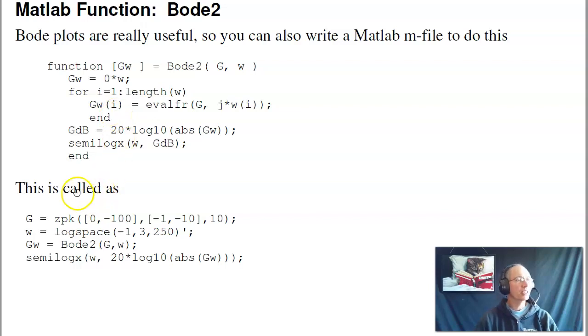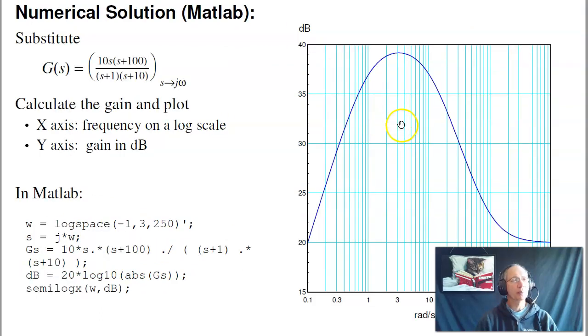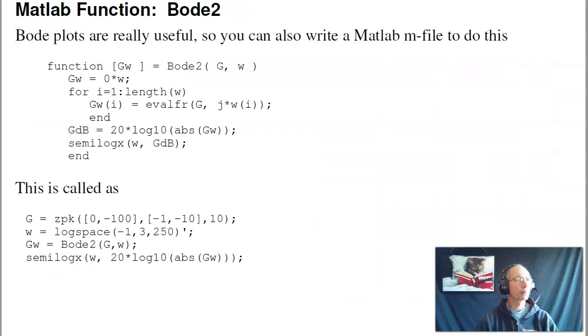The calling sequence then would just be, here's my system G, here's frequency, calculate the gain versus frequency, and then plot frequency versus dB on semi-log paper. And you wind up with this graph. We'll be using this function quite a bit for the rest of the semester as well.